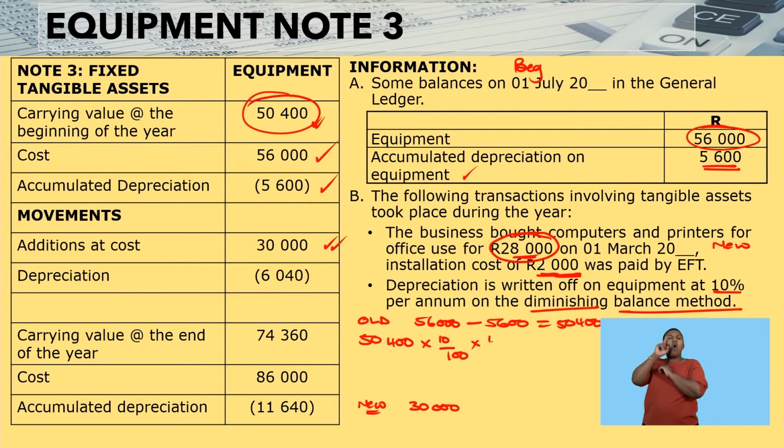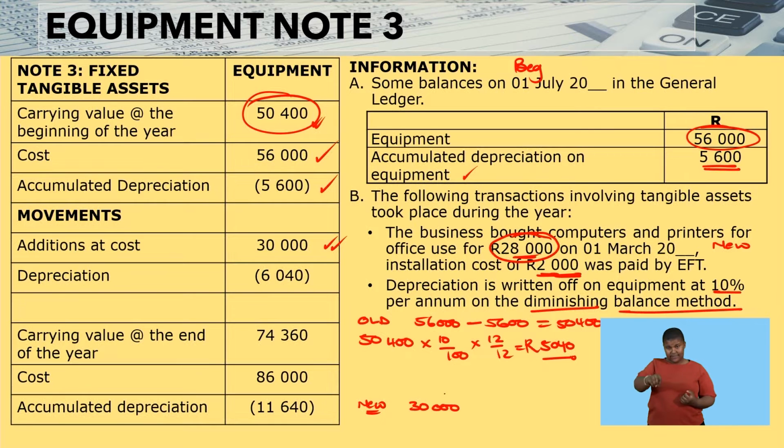And the old, we had it for 12 over 12. We had it for 12 months. Therefore, my depreciation for this financial year would become 5,040. There is my depreciation.